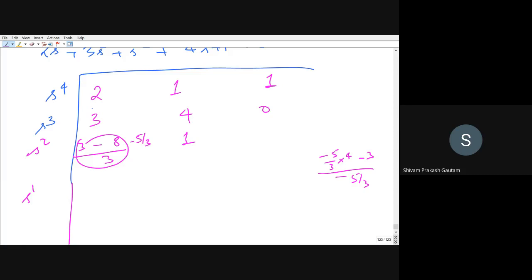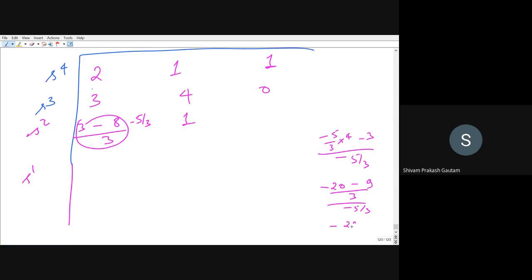So minus 20 minus 9 by 3 upon minus 5 by 3, so minus 29 by 3 upon minus 5 by 3. The 3 will cancel, minus cancels, so we will have 29 by 5. And here we will have 0. And for s to the power 0, 29 by 5 multiplied by 1 divided by 29 by 5, we will have 1.